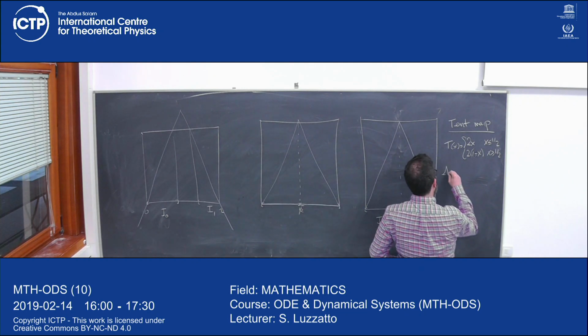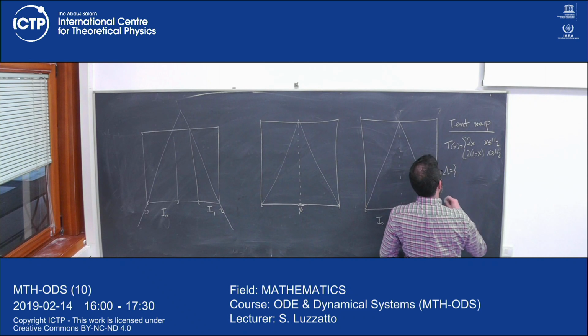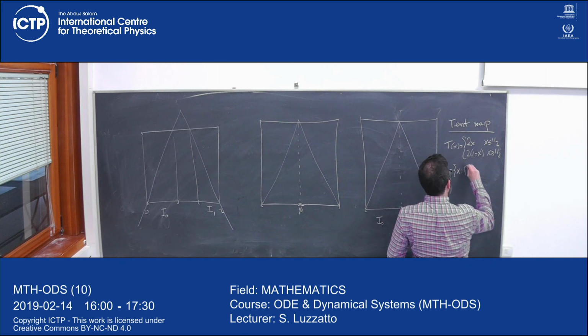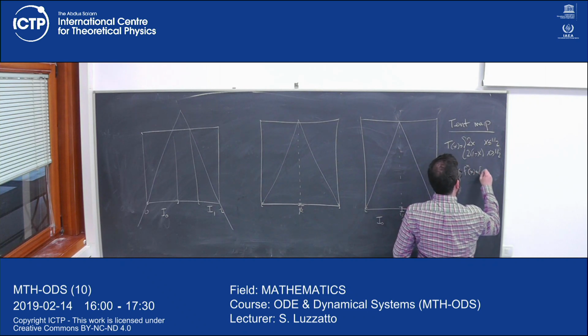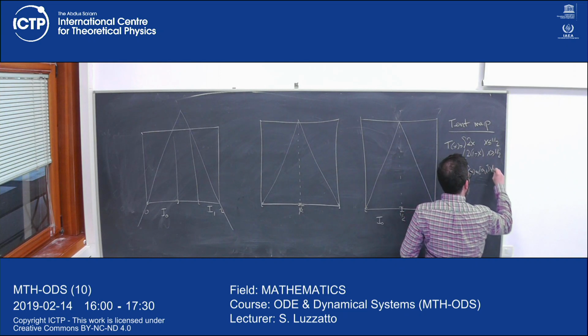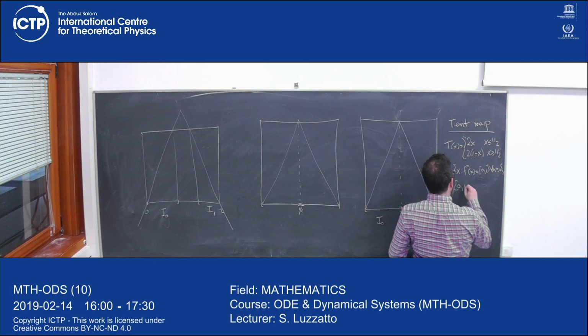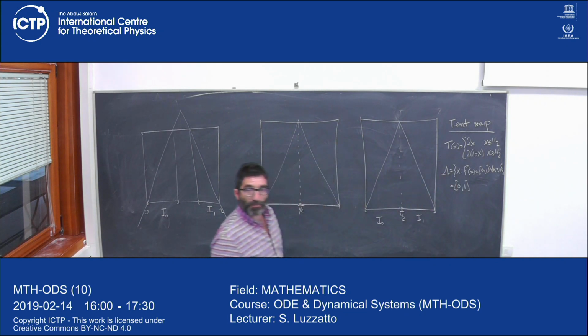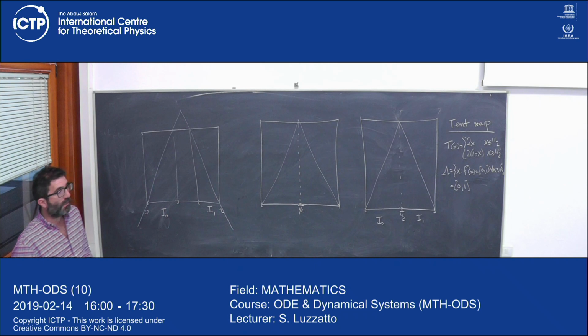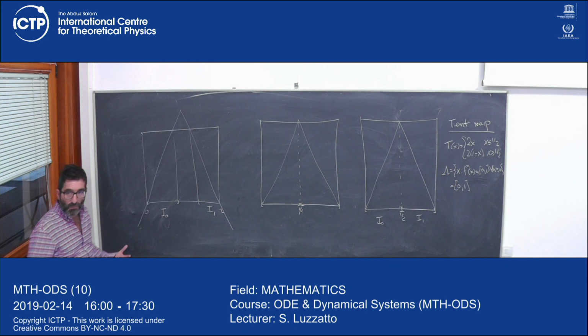If you define lambda as the set of points where f^n of x stays in [0,1] for all n, then in this case it's everything. So there's no problem anymore in describing what the lambda set is, but we still want to study the dynamics on the set lambda.